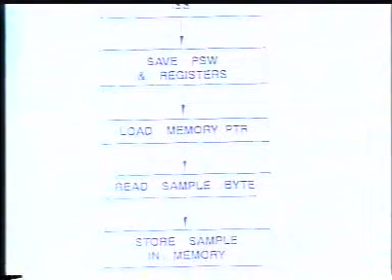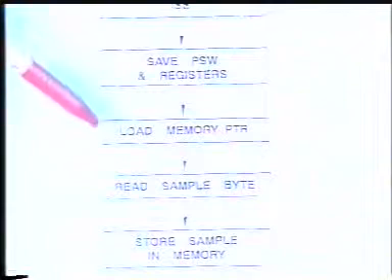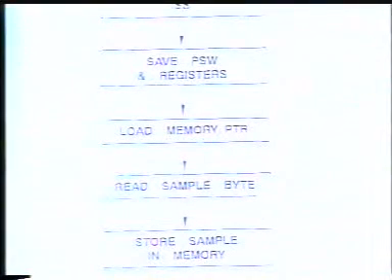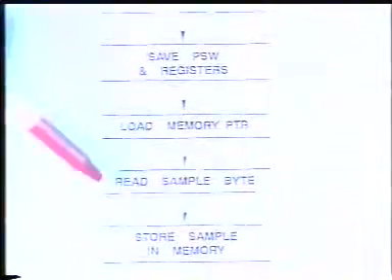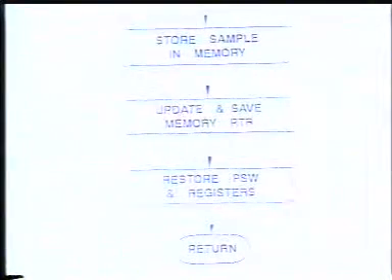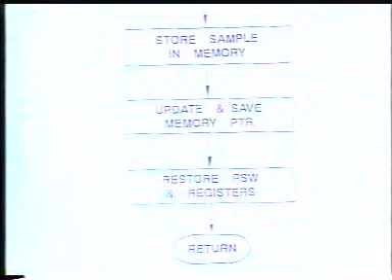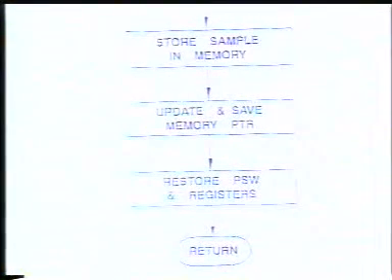Then read and load the memory pointer, because each time now we cannot be holding the memory pointer in the microprocessor. So we read the memory pointer from the memory and load it into some register pair, then read the sample, store the sample, update the memory pointer and save it back into the memory, and restore the processor status word and the registers back. And that's the minimal time taken by the microprocessor.